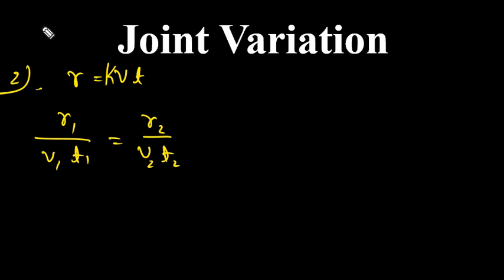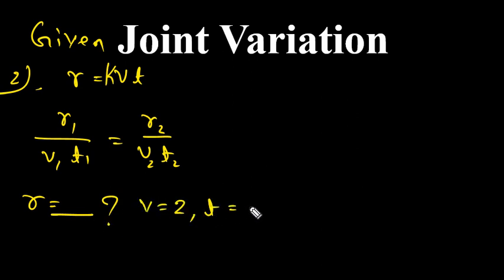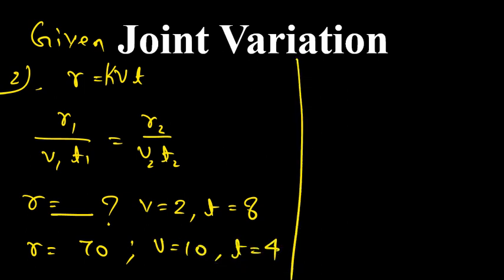Now, the given information is this: find r when v equals 2 and t equals 8, if r is equal to 70 when v is equal to 10 and t equals 4. This is all the given information.